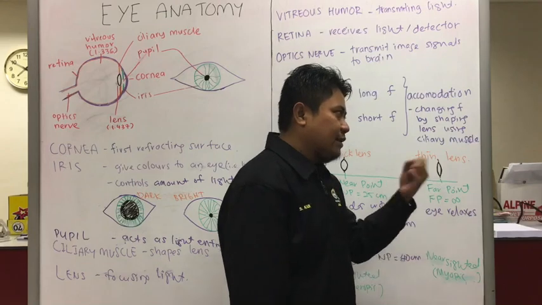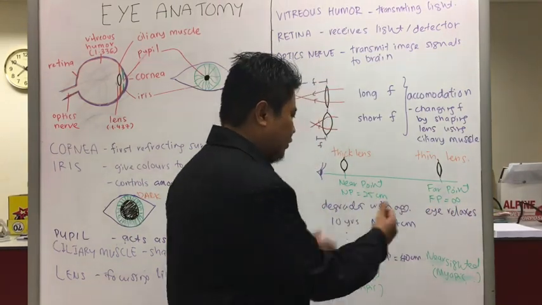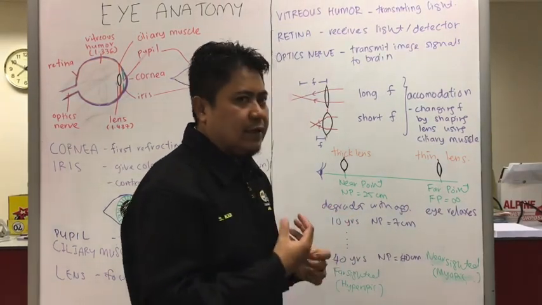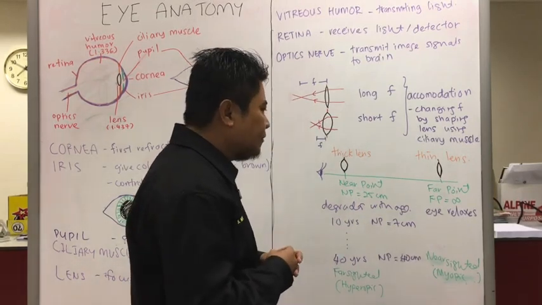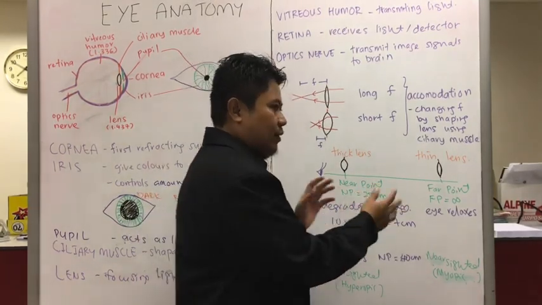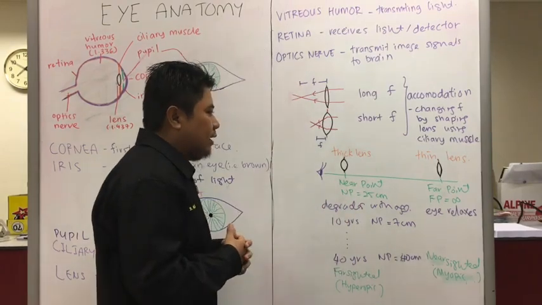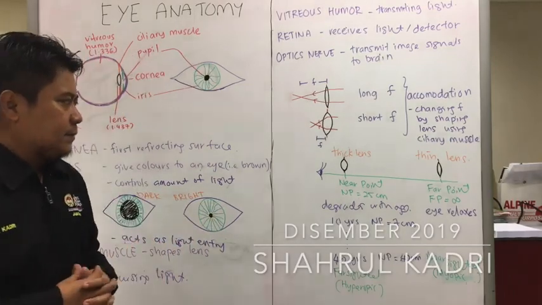That means they can see close objects, but they cannot see distant objects. These two vision problems can be adjusted by using eyeglasses. And some people have both of them, so they have special eyeglasses. So that is our eye lesson.